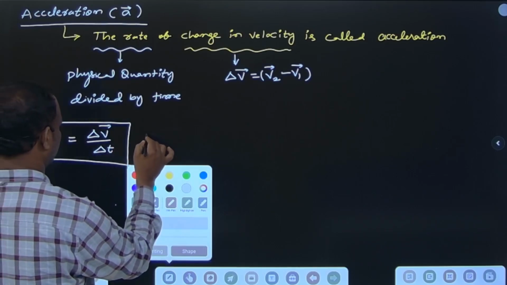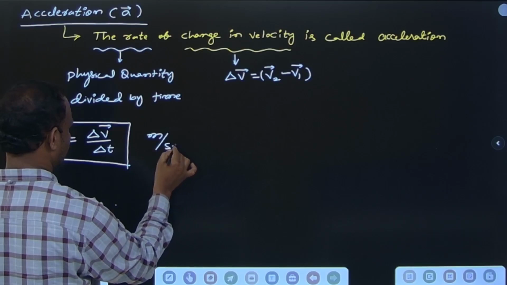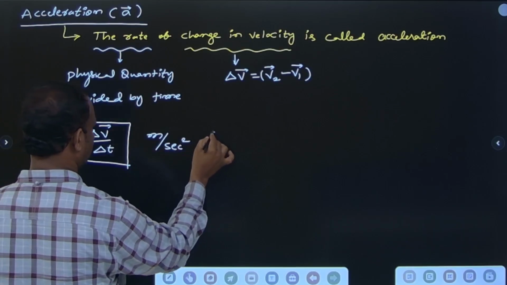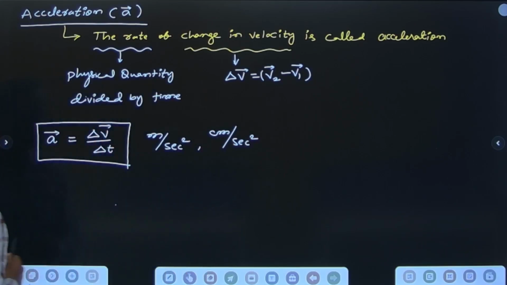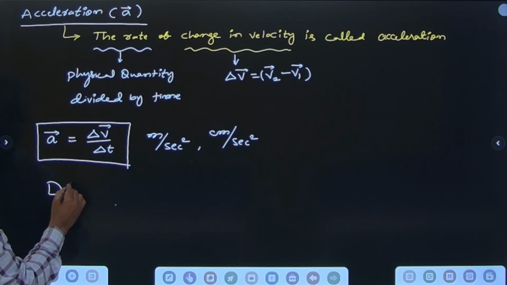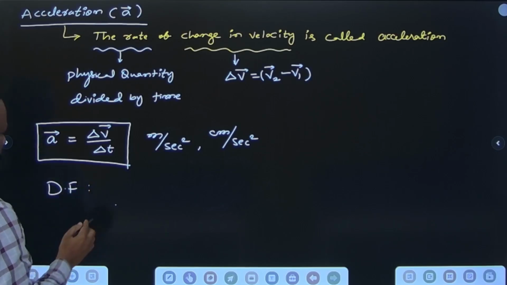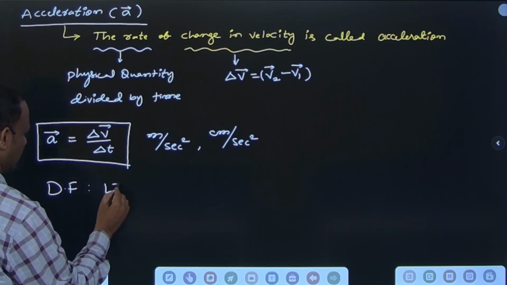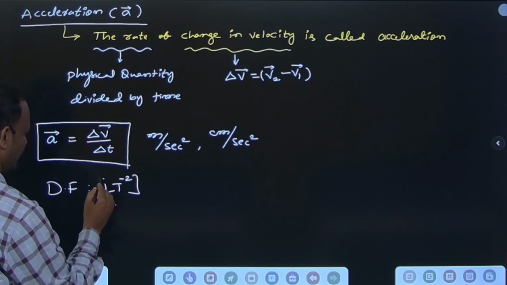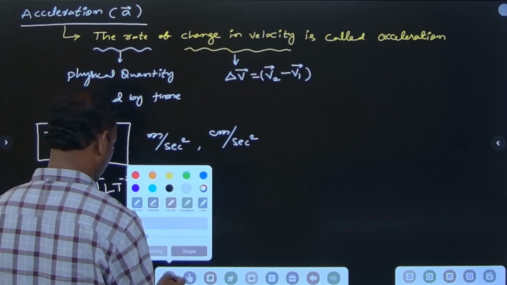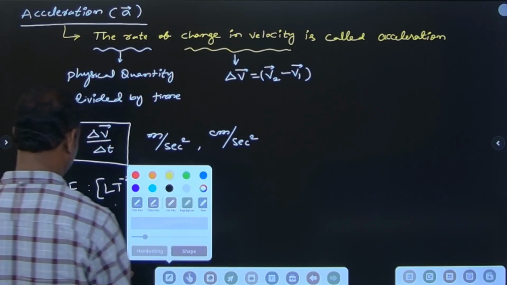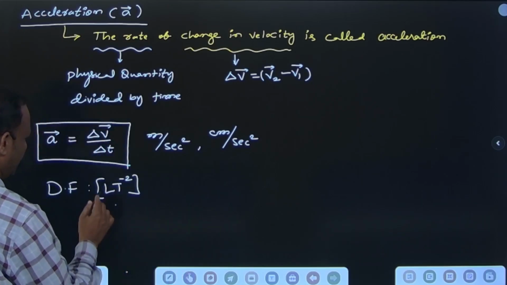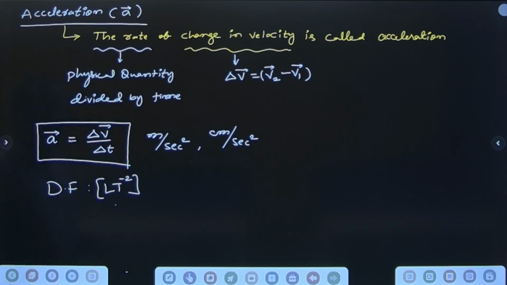Acceleration units are meter per second square and centimeter per second square. And what is the dimensional formula of this? Its dimensional formula is M to the power 0, L, T to the power minus 2.